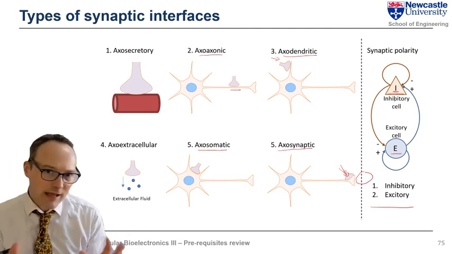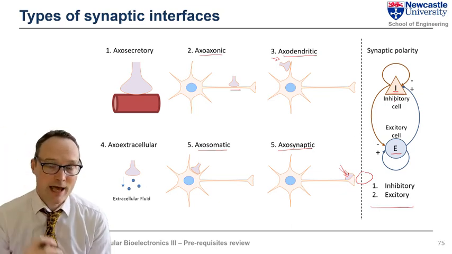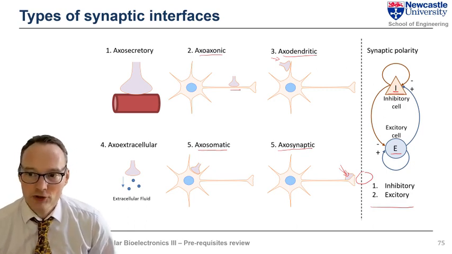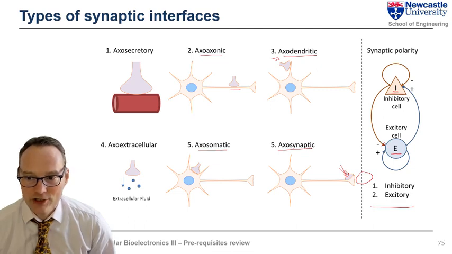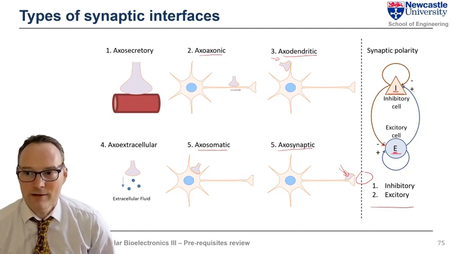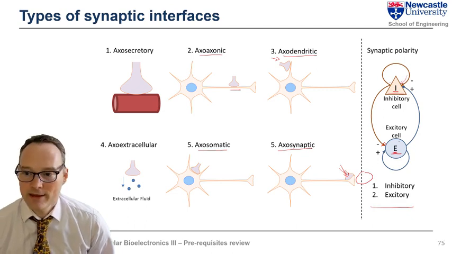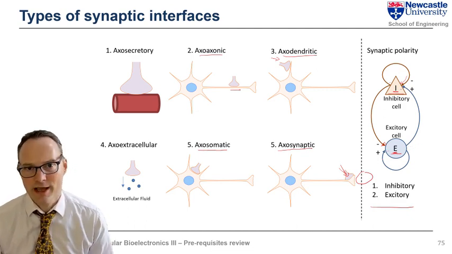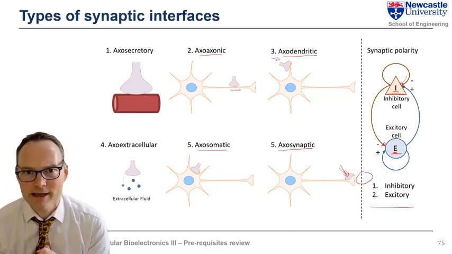And this is a little bit like transistor circuits having P-type transistors and N-type transistors. Now, the inhibitory cell can have inhibitory connections to the excitatory cell, or it can have inhibitory connections to itself. The excitatory cell can have excitatory connections to itself and excitatory connections to the inhibitory cell. And of course, this is a very, very simplified route.